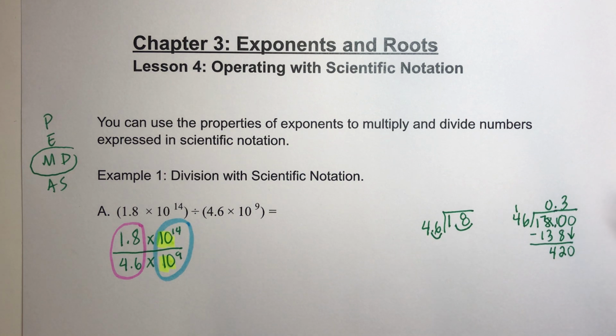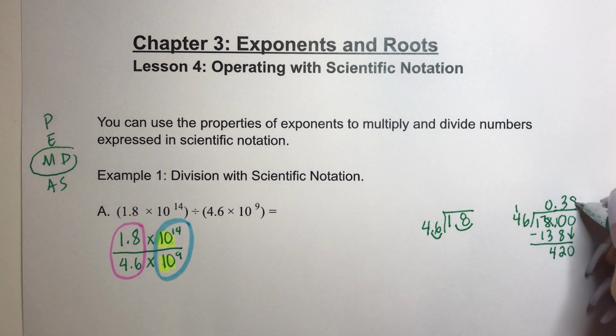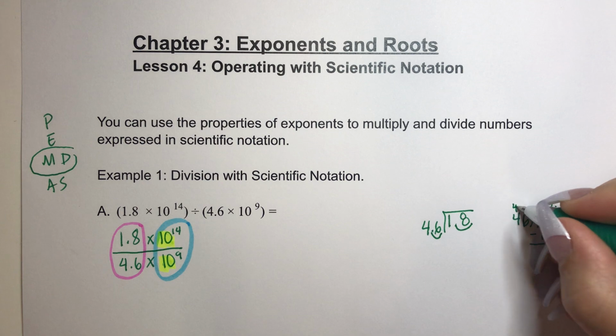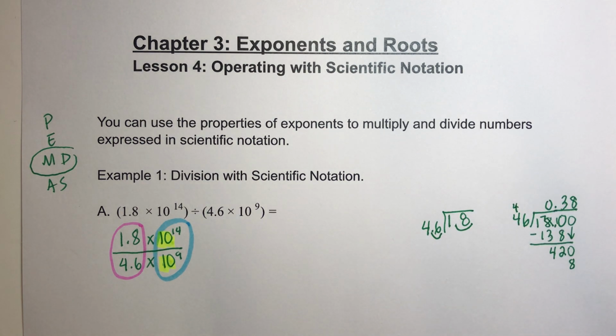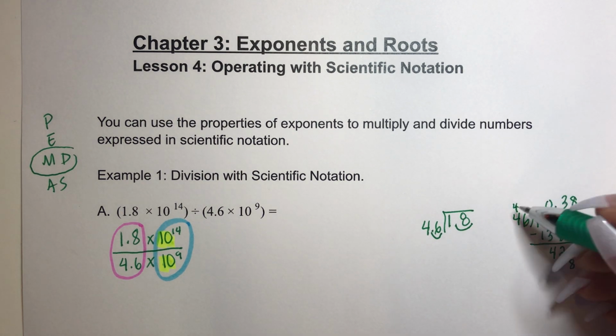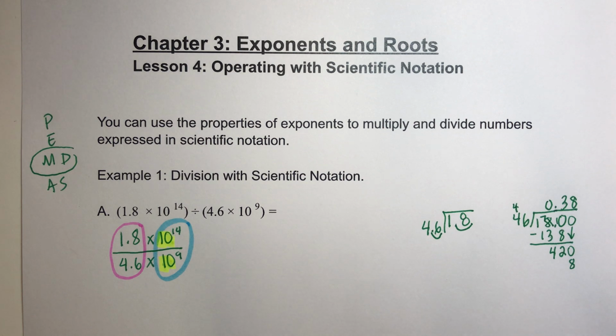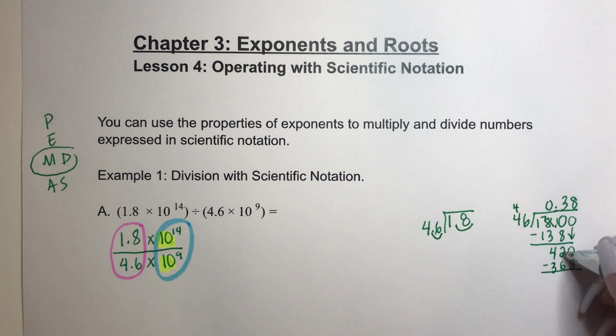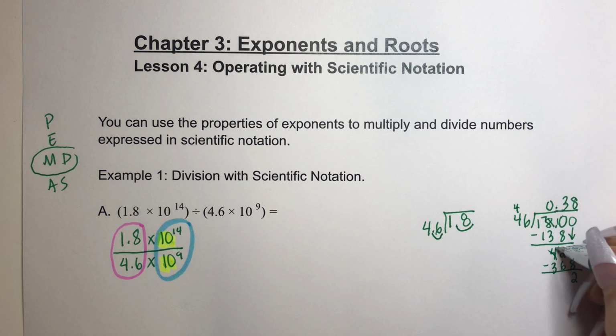If it was 9, it would be 450. So I think it's going to be 8. 8 times 6 is 48. Write the 8, carry the 4. 8 times 4 is 32, plus 4 is 36. We subtract. 10 take away 8 is 2. 11 take away 6 is 5.